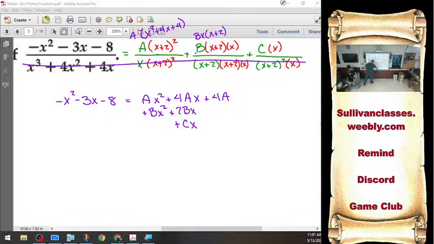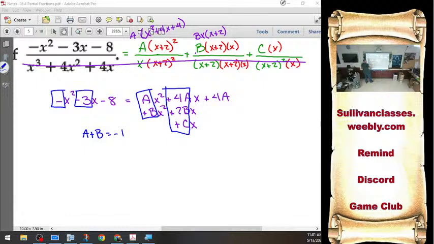Okay? So if I do that, it helps me build my system. I still have this much x squared makes this much x squared. A plus b is -1. I still have this much x makes this much x. 4a plus 2b plus c is -3.